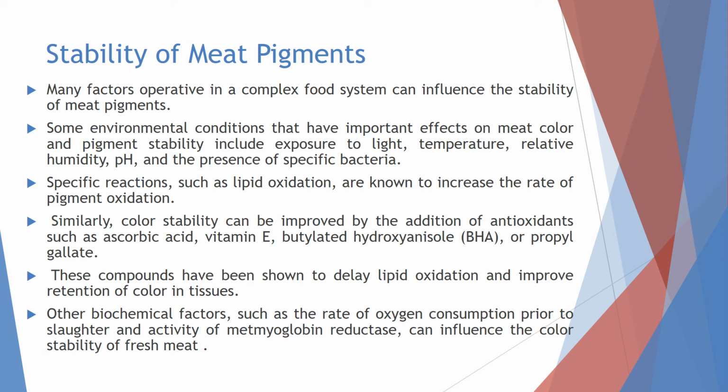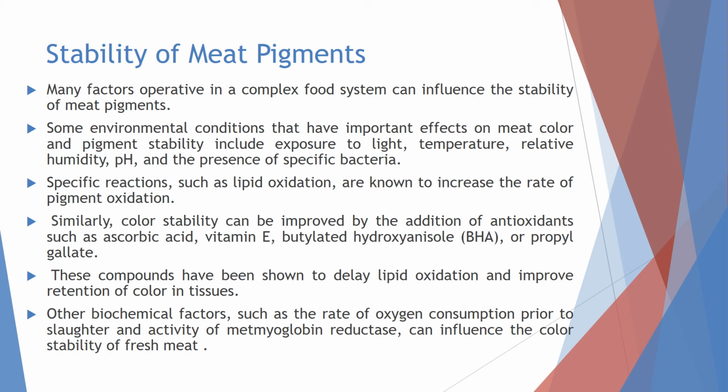So we can use different types of antioxidants, for example ascorbic acid, vitamin E, butylated hydroxyanisole, that is BHA, or propyl gallate to prevent the oxidation. These compounds delay lipid oxidation and improve the retention of the meat pigment.